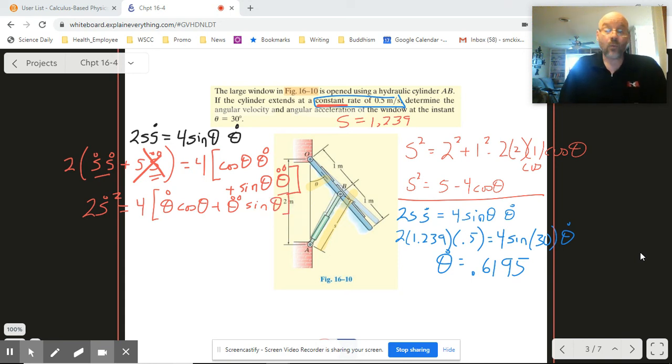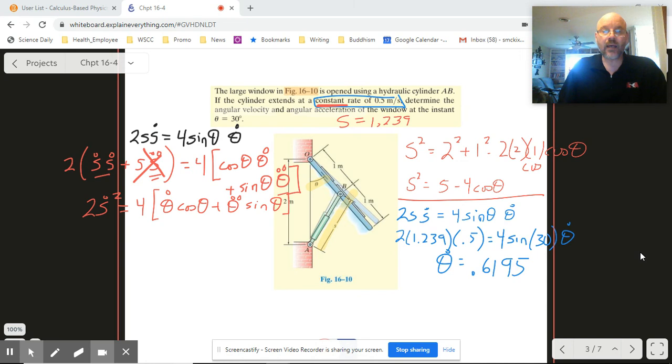Okay. Now we know all of the values. We know s dot, we know theta dot, we know theta. What we don't know is theta double dot, but that's what we're solving for. That's our angular acceleration value.